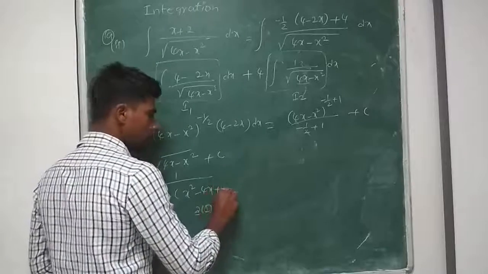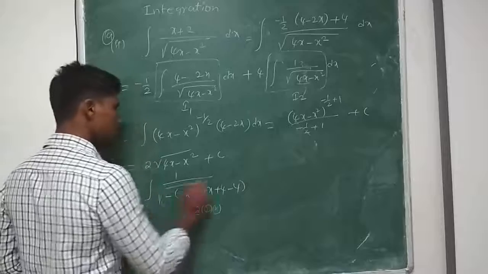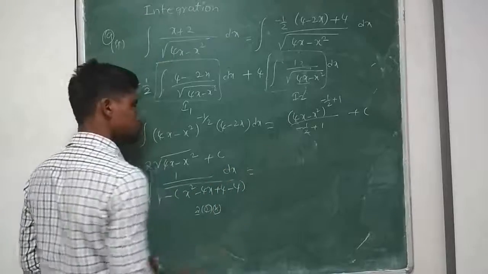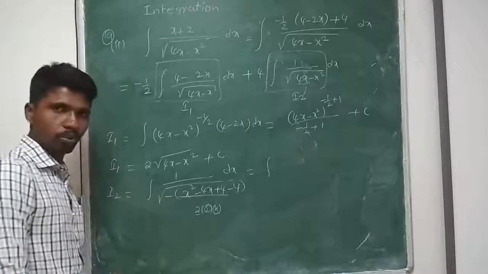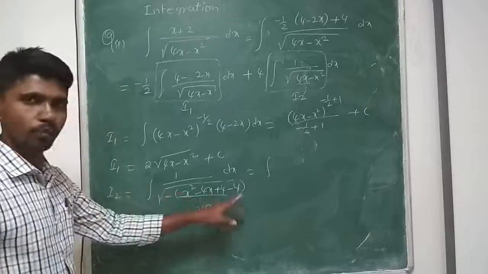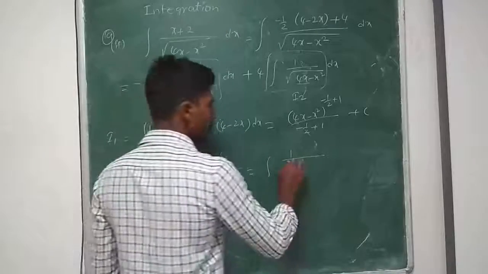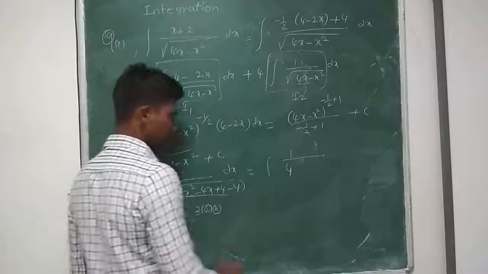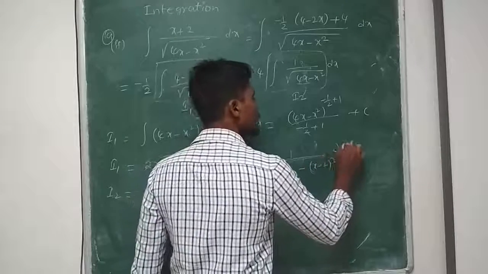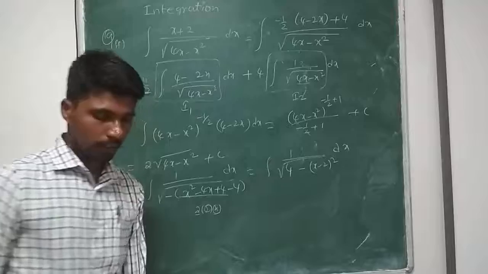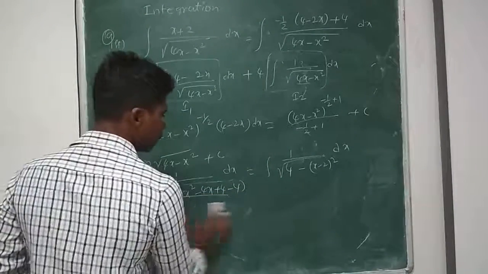So I need plus 4, so I subtract 4 under the root. It can be rewritten as integral 1 by root of minus of (x minus 2) whole square minus 4, plus 4, that is, 4 minus (x minus 2) whole square under root dx.